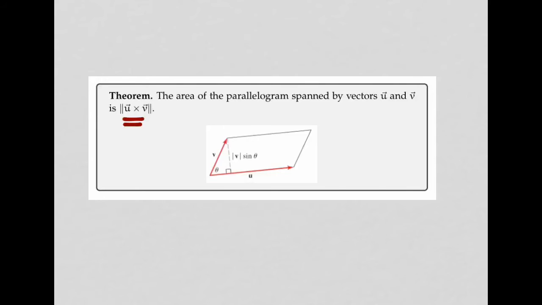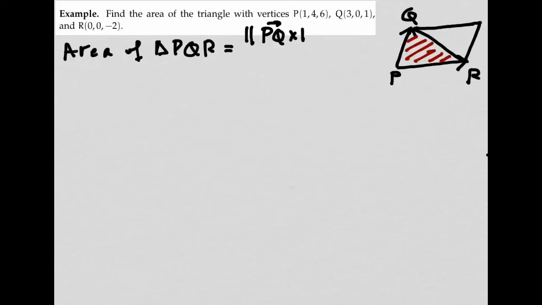So we're going to capitalize on this fact and on the fact that the triangle has half the area of the parallelogram to figure out the area of our triangle PQR. So we'll write the area of triangle PQR is the magnitude of vector PQ crossed with vector PR divided by 2.